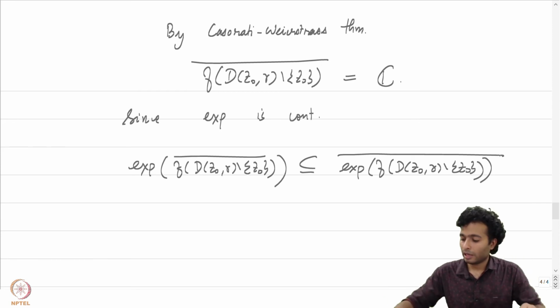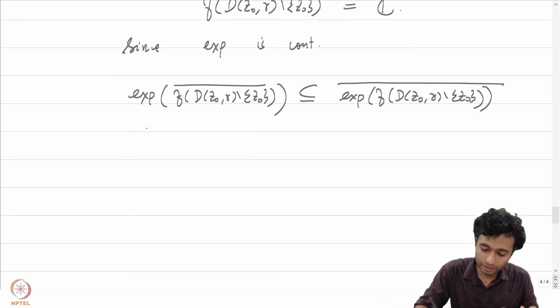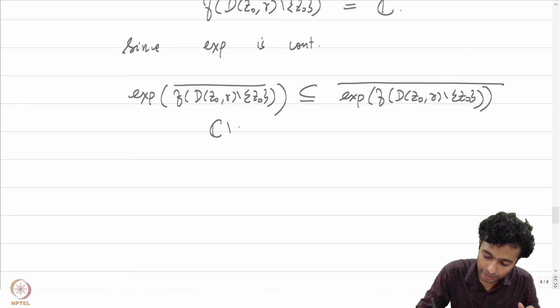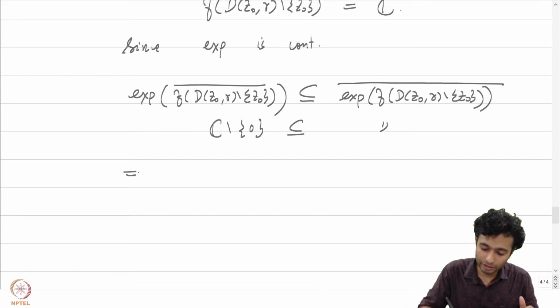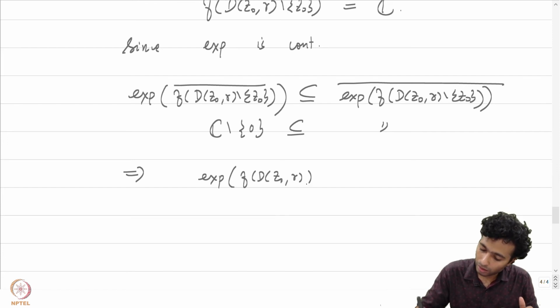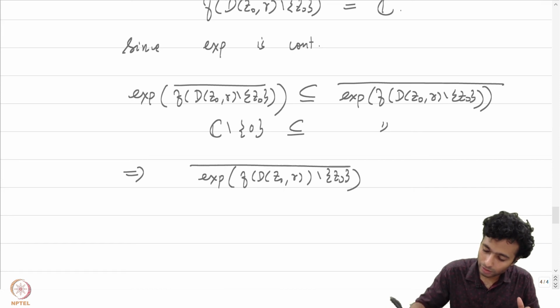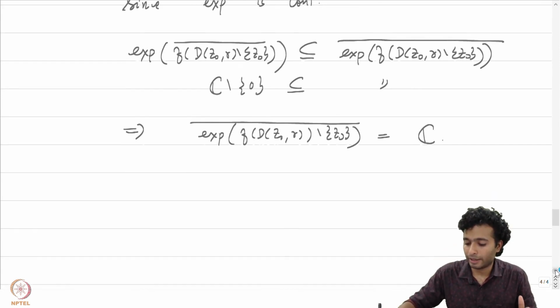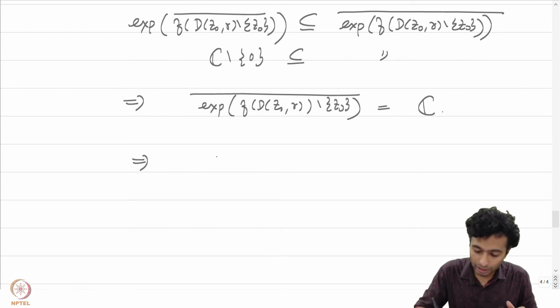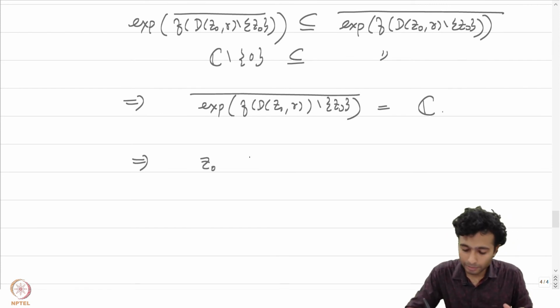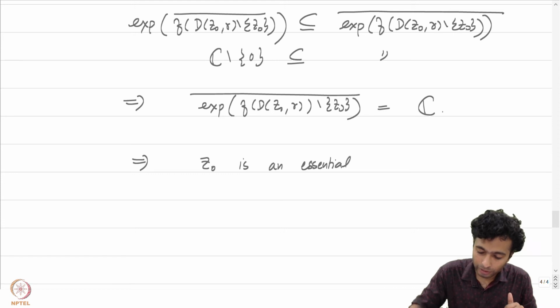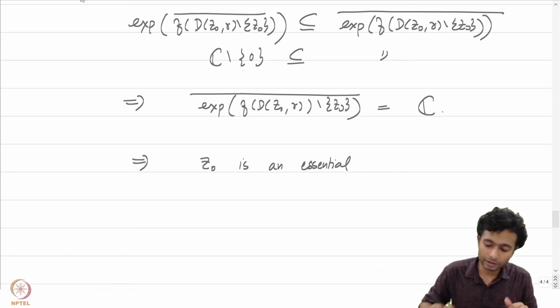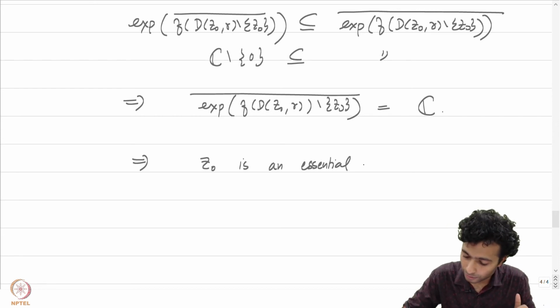And therefore, this is basically C. So this is going to tell us that C star, C minus 0, is contained in this closed set, which means that the closure of exp of f of D(z0, r) minus z0 is going to be equal to C. This cannot happen if z0 is a removable singularity or a pole. Therefore, z0 is going to be an essential singularity.